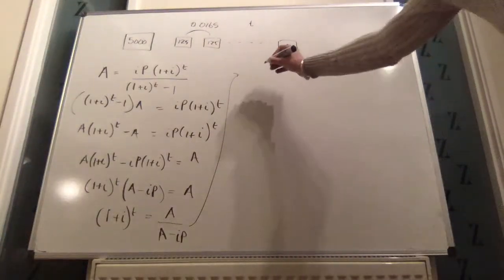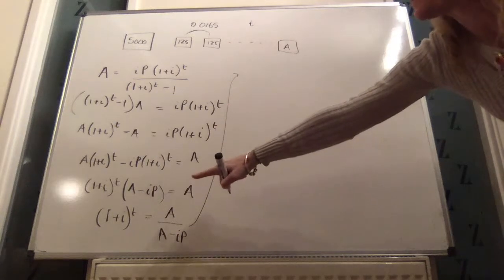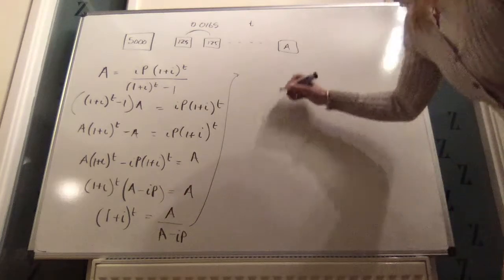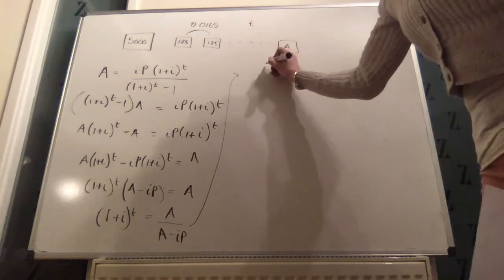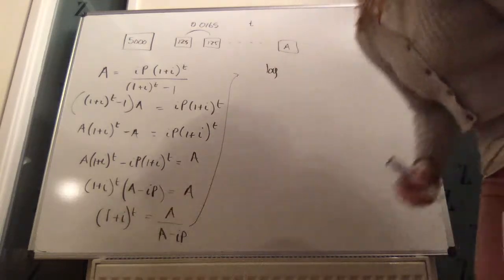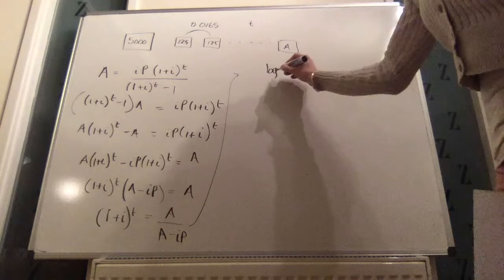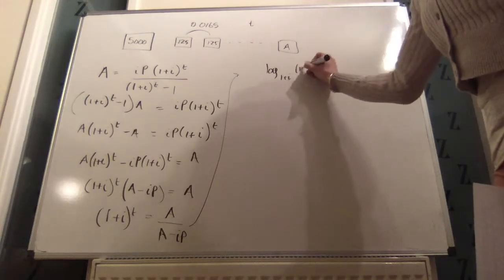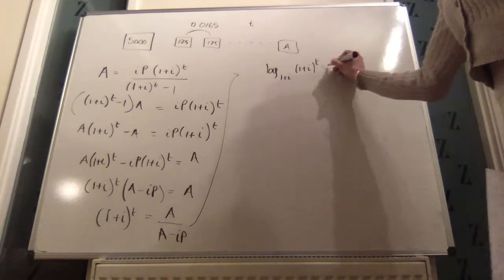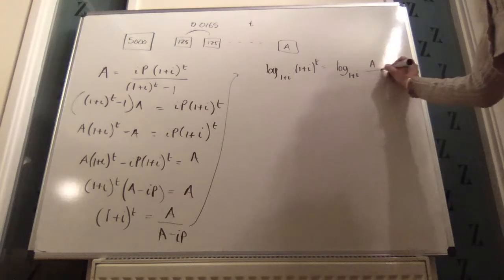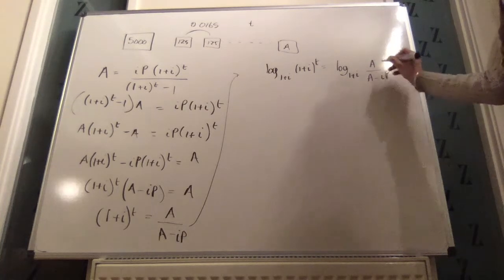Now we have (1 plus I) to the power of T. The unknown is in the power, so to find the unknown, we take the log of both sides, to the base that T is raised to the power of. So log to the base 1 plus I of the left-hand side, (1 plus I) to the power of T, is equal to the log to the base 1 plus I of A over A minus IP.